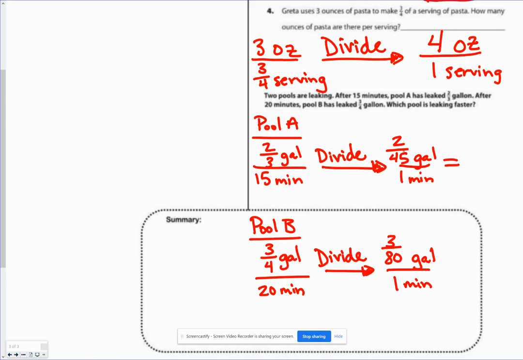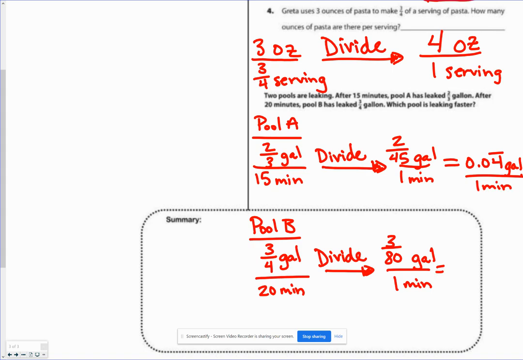And if you type in 2/45 and you click that button, it should work. Or you have to just divide 2 divided by 45. You should get 0.04 repeating 4. And then I'm going to label gallons per 1 minute.